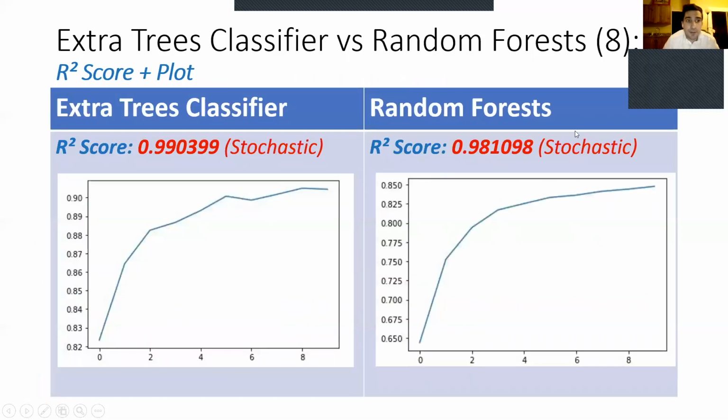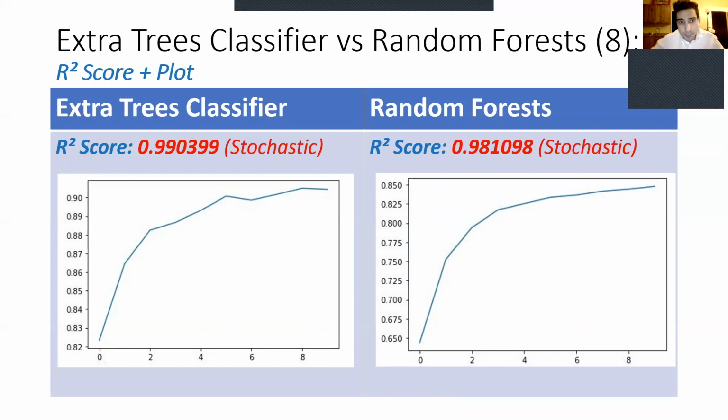First, we found that extra trees had a slightly higher R squared score. But this is a stochastic result, meaning that every time we ran it, we got a slightly different R squared, but every time it was just slightly higher for extra trees. What's also interesting is that you can see it's a little steeper.